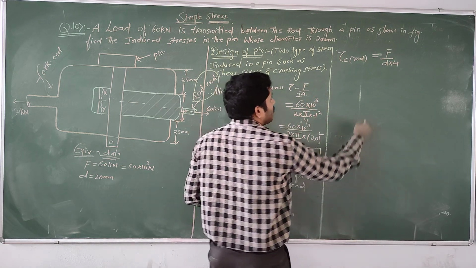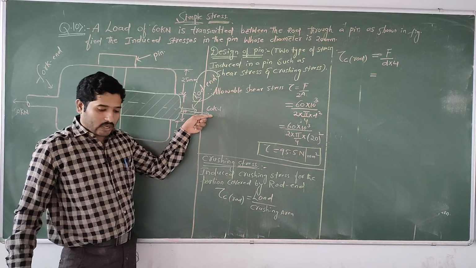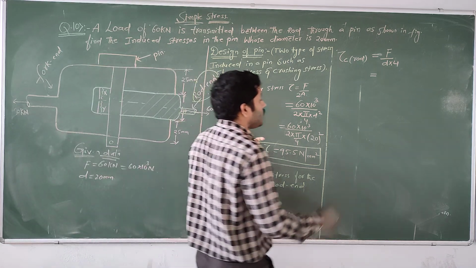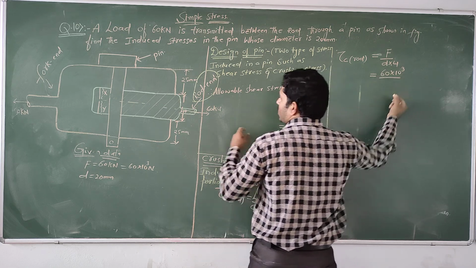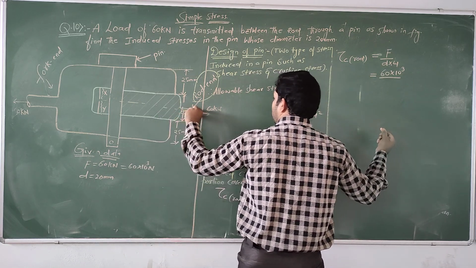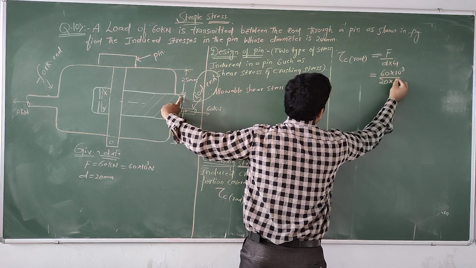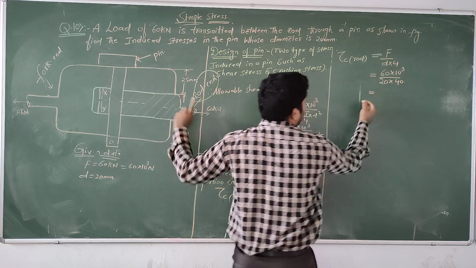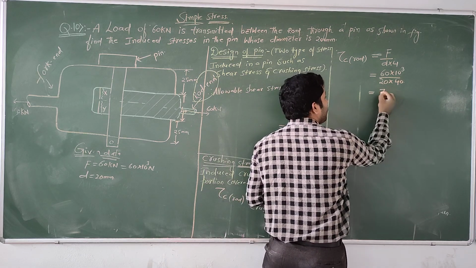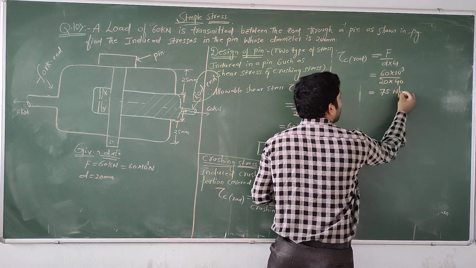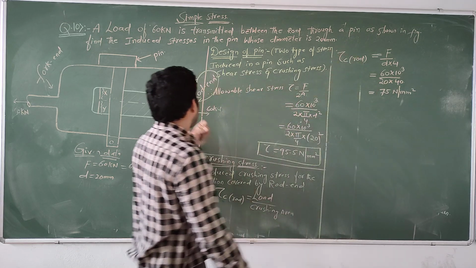Force, how much did we apply here? We applied the force of 60 kilonewton, that is 60 into 10 power of 3. Diameter is 20 and length is 40. 20 into 40. If you divide by the calculator, then you will get the answer 75 Newton per mm square. That is the value of crushing stress induced in the rod.